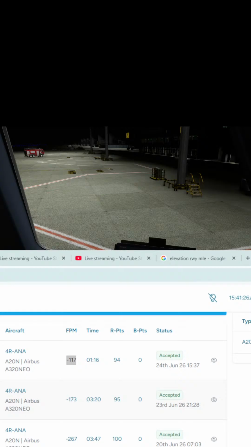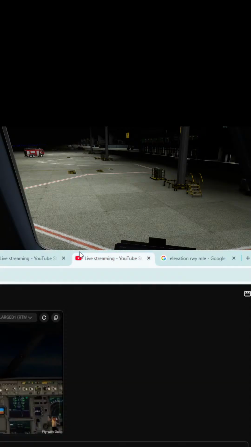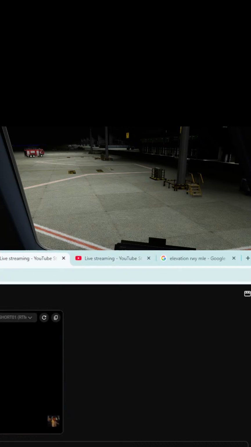Still you don't know whether you have done a good landing. I think in the Donald Trump voice, I would say indeed this is a good landing. So tell me what you think about this, and where you would like me to fly on our next flight.